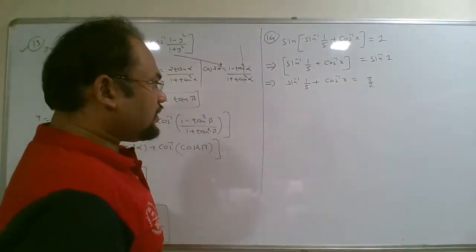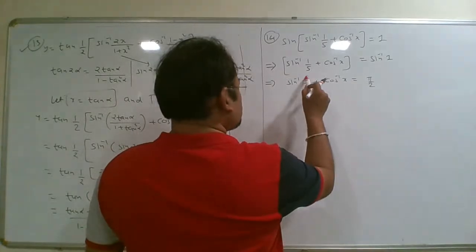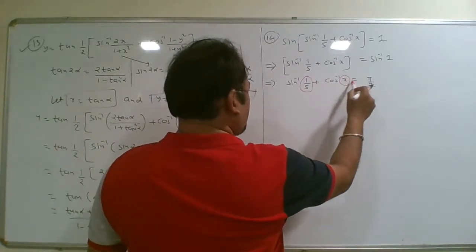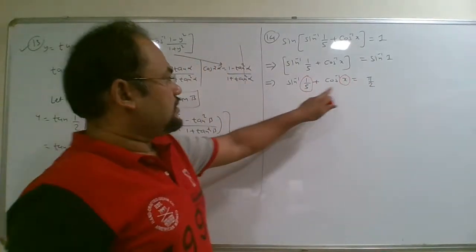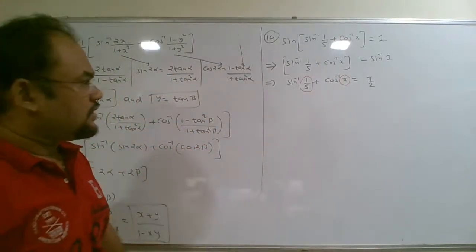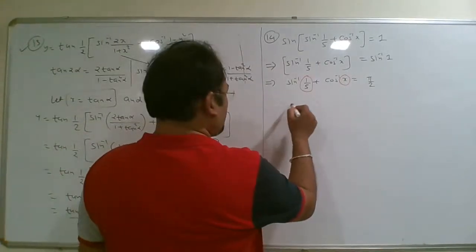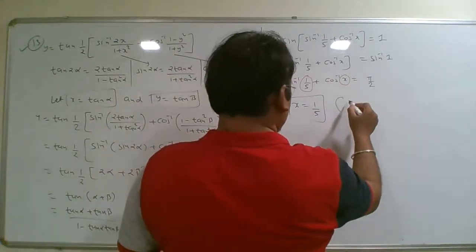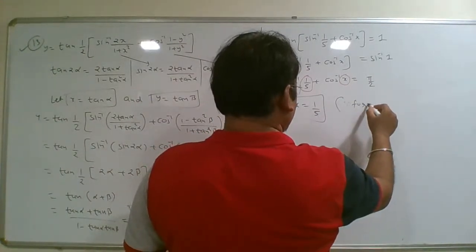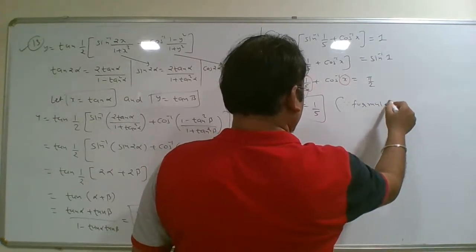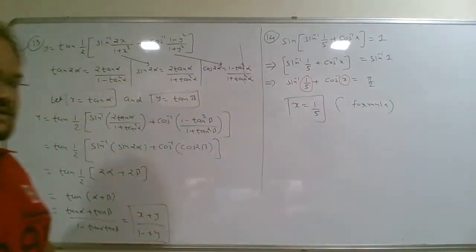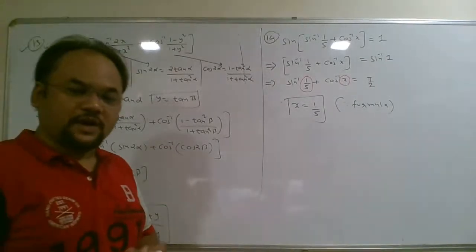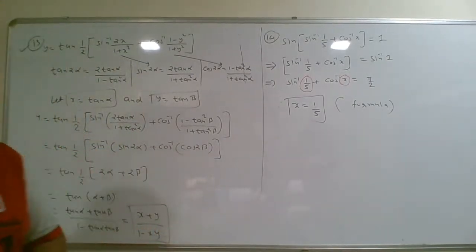So by formula, we know that sine inverse something plus cos inverse something equal to pi by 2, and the something must be the same. Both compulsorily must be equal. Therefore, x equal to 1 by 5 by formula. Sin inverse x plus cos inverse x equal to pi by 2 was the formula. Clear?